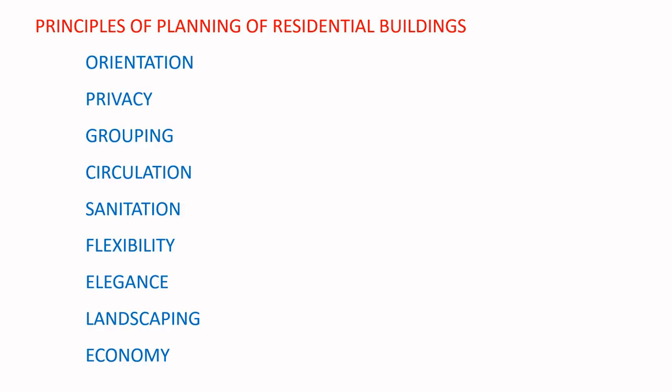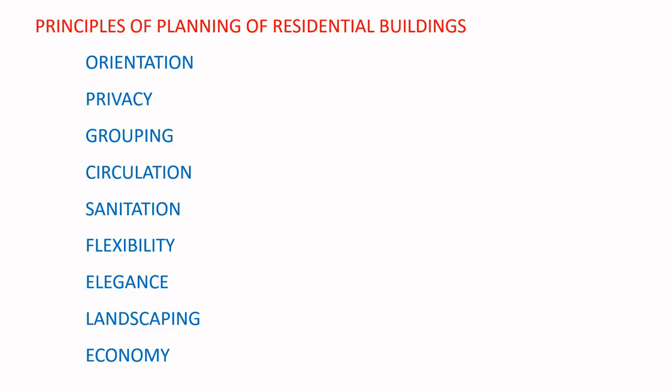So proper orientation means the setting or placing of the rooms of the residential building which allow the people using the house to enjoy the utmost happiness, to enjoy whatever is good and to avoid whatever is bad in respect of comfort. So orientation means you should place the rooms accordingly so that it will provide the housemates a maximum comfort. That is the purpose of orientation.